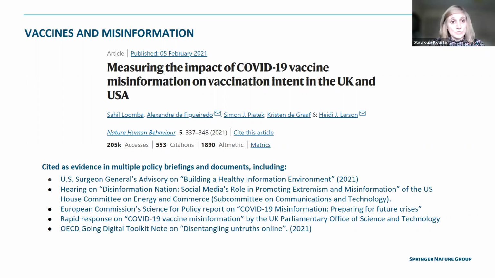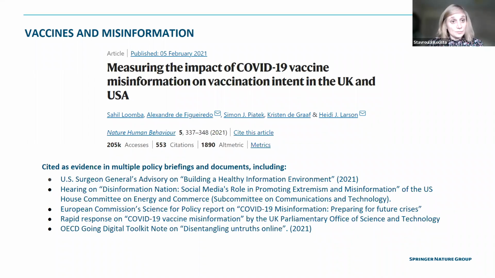And what the authors of the paper on this slide did was they estimated how big the effect of misinformation is on accepting vaccination. They ran an experiment. They showed people either misinformation about vaccines or appropriate scientifically based information. And they found that for those people who saw the misinformation, their intention to vaccinate reduced by 6%, both in the UK and in the US.